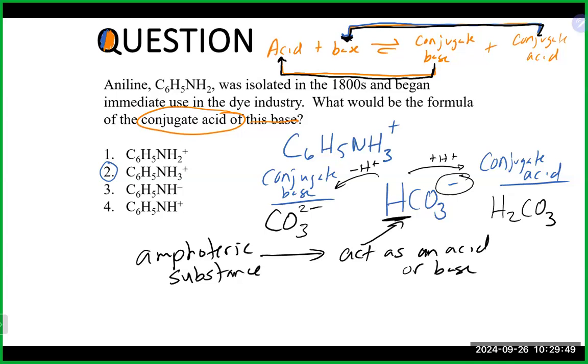It could act as an acid or a base depending on the situation that's occurring in that particular reaction that you're doing. Water as well could act as an acid or a base. It can either gain or lose an H plus as well. Any questions on Bronsted Lowry acids and bases?